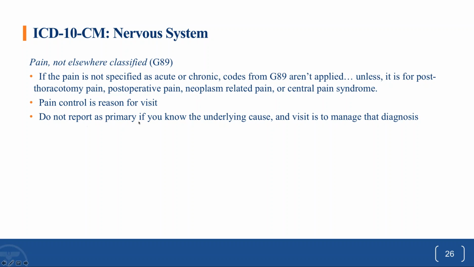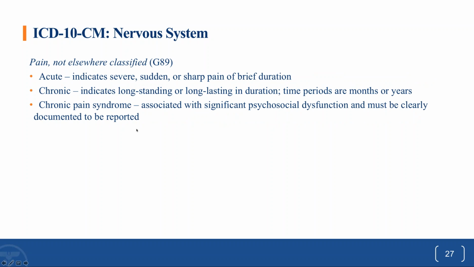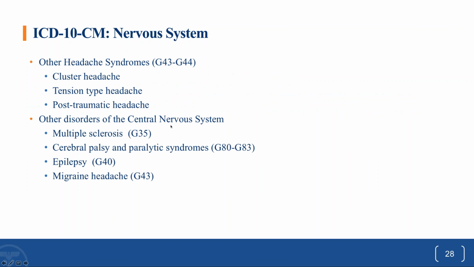And it tells you do not report if you know the underlying cause, because that would be listed first. So they talk about pain, so that might be a little indication for you when you're doing your readings this week to look at the coding guidelines in reference to the nervous system and for the endocrine.